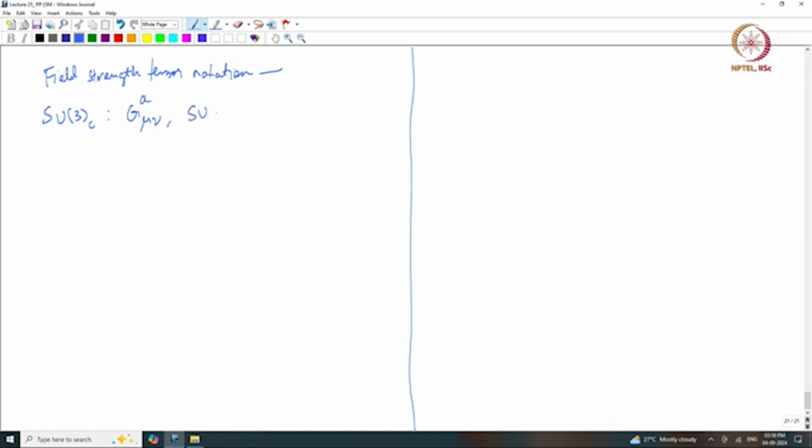And then the SU(2), what do you think is an intuitive notation for that? W_μν. So it should be clear what this is, right? This is for the gluon, that's why it's a G. This is for the W boson, right?